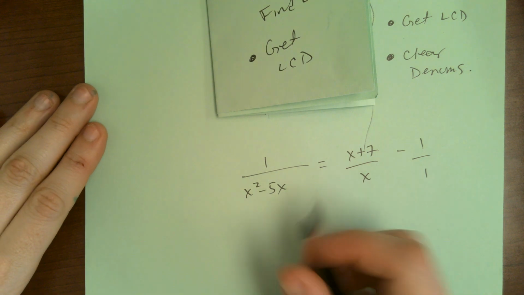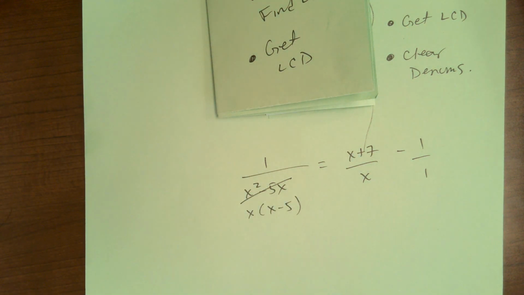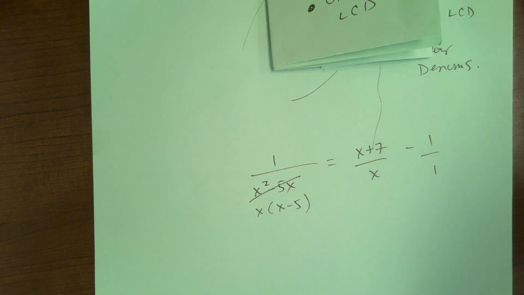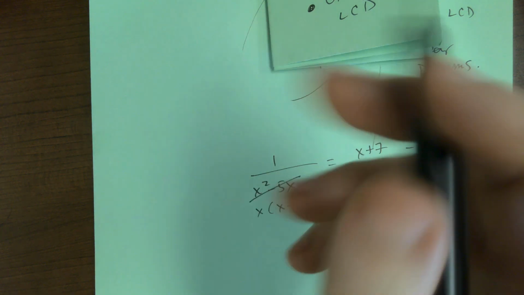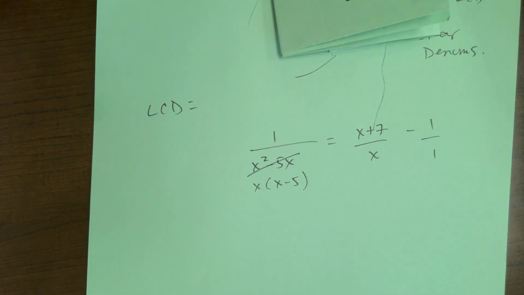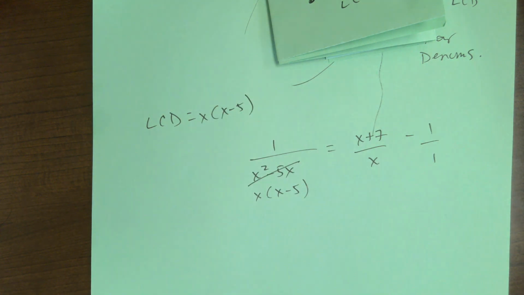So this one can be factored. I could take out an x. Okay. All right, guys. So the least common denominator is x times x minus 5.